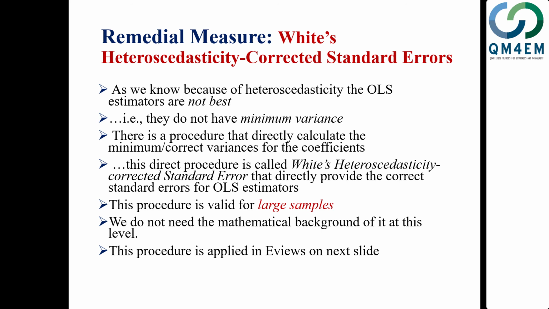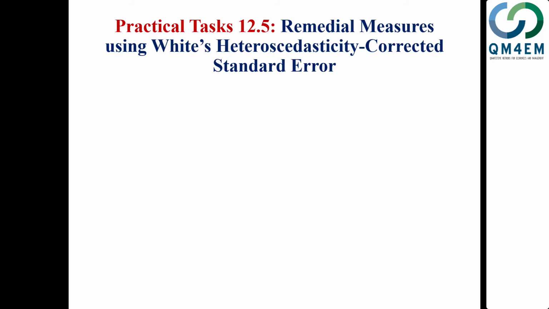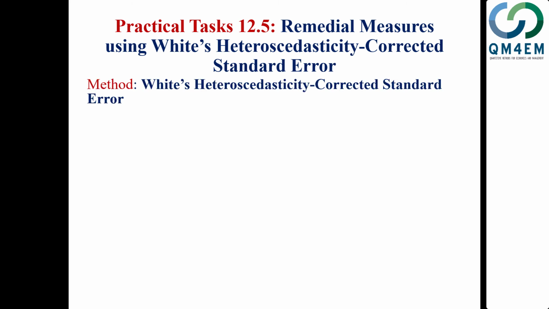So let me show you. Now this is the last task for this particular topic. This is the White Heteroscedastic Corrected Standard Error method for fixing the problem of heteroscedasticity.